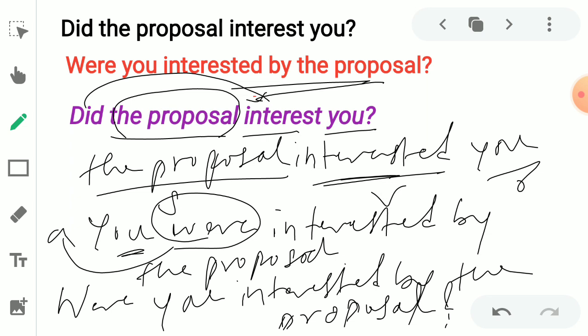Why should we write were you interested by the proposal? Because at the first we have the helping verb. As a result, we need to write were. If you don't write were at first, the statement ends with a full stop. If you want to add a question mark at the end, you have to follow this method.